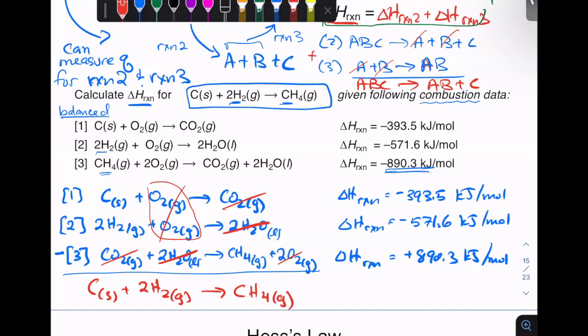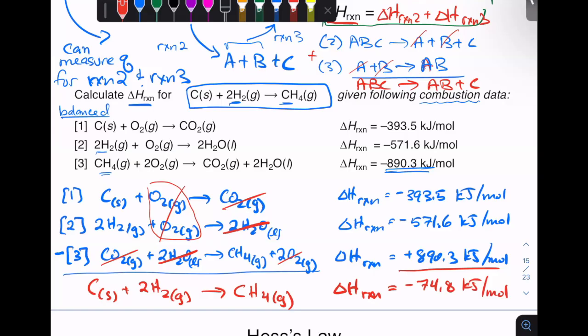Okay? So the delta H of this reaction then is going to be equal to whatever those add up to. 0.3, so I get negative 74.8 kilojoules per mole.